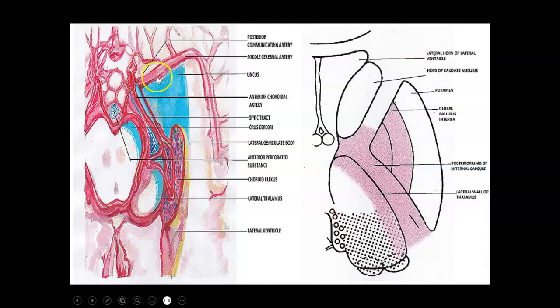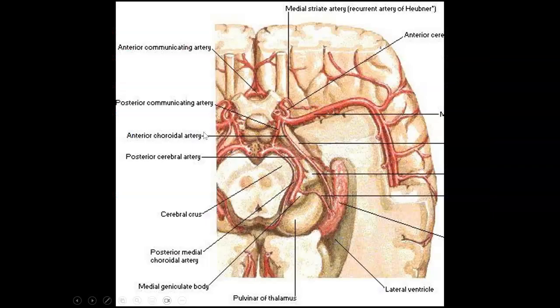And this is a view, internal carotid artery, and we have here optic tract, and we have here the anterior choroidal artery winding around the lateral midbrain together with the optic tract, and having perforators supplying part of the internal capsule, thalamus, and lentiform nucleus.